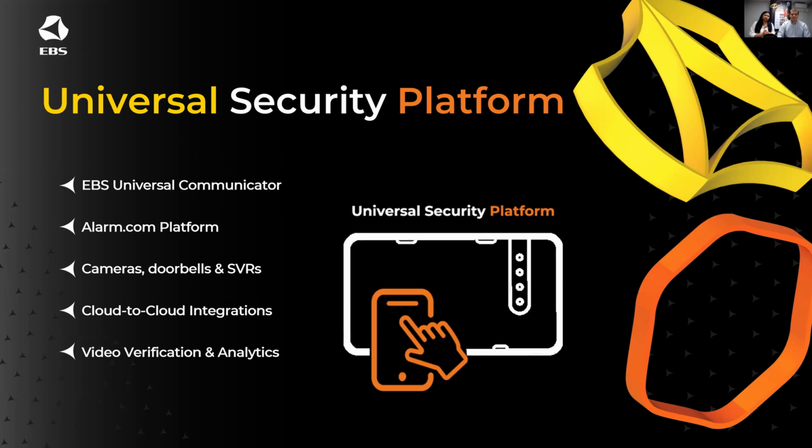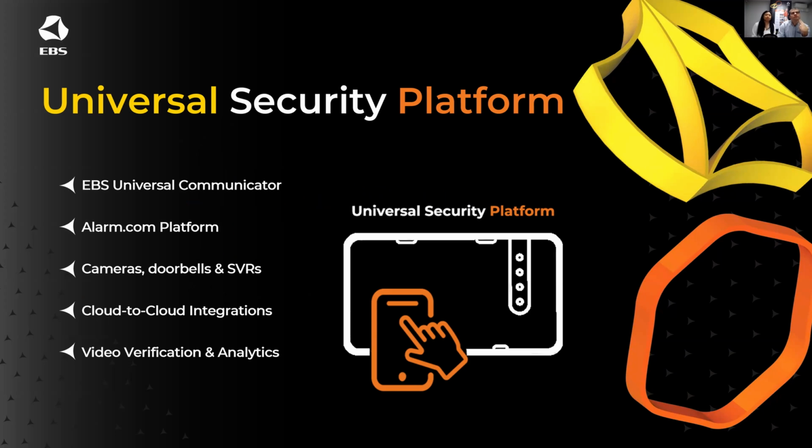So just to describe to you, Universal Security Platform is actually a combination of different things, both hardware and services. So what does it cover? First of all, the Universal Security Platform covers the EBS communicators.